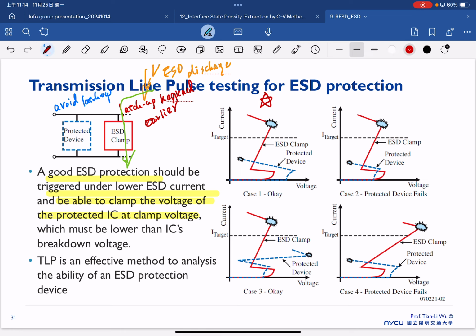So we hope the latch up in ESD clamping is happening earlier than the protected device.